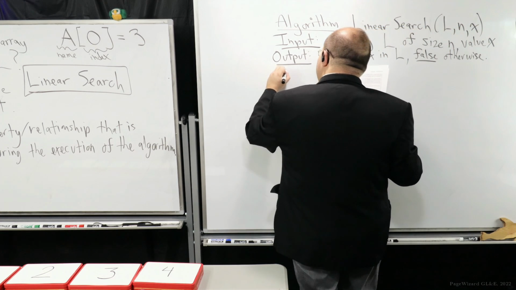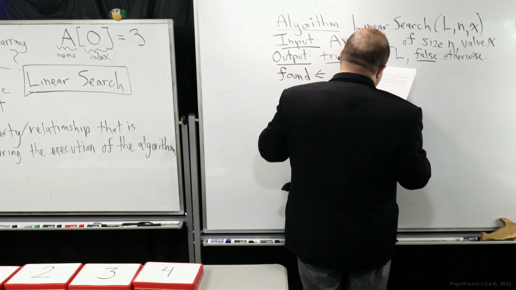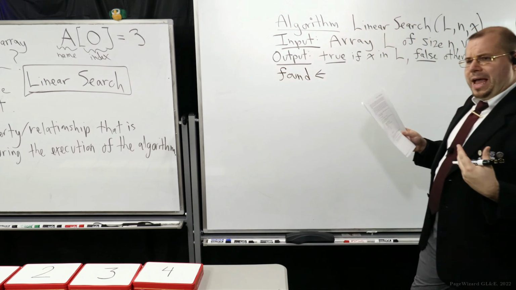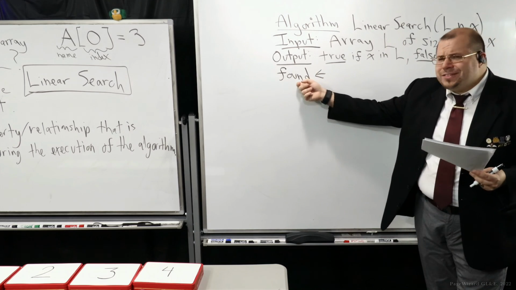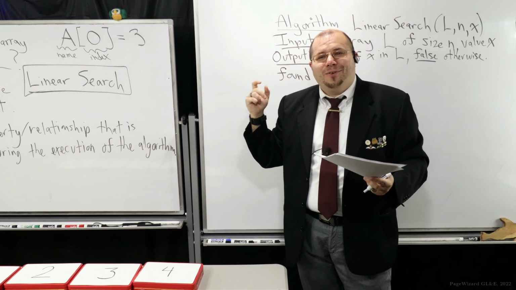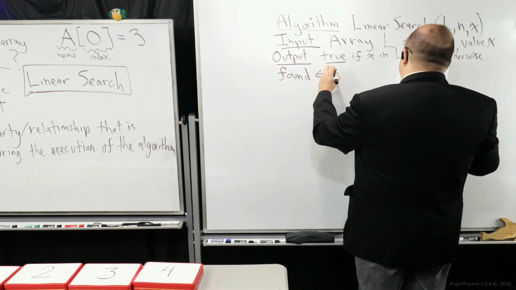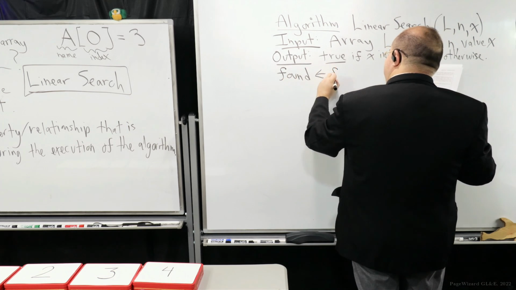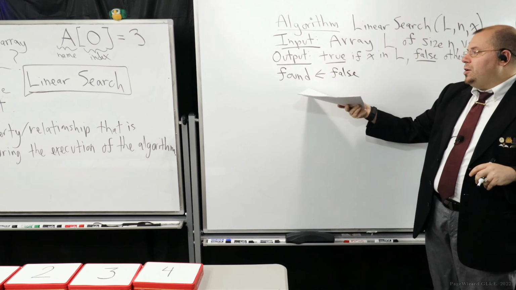So the first thing I'm going to do is make a variable. This is going to be some sort of Boolean flag. Now, you might ask, Dan, what does that mean? I'm going to work under the presumption I have not found it yet, or that it just simply doesn't exist, because I simply don't know if it does or not. I'm going to call this variable found.